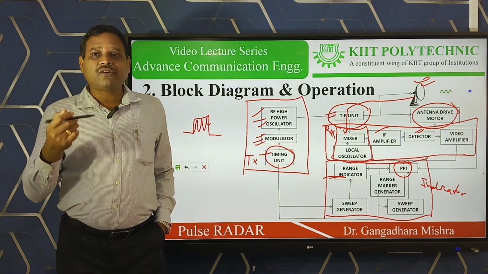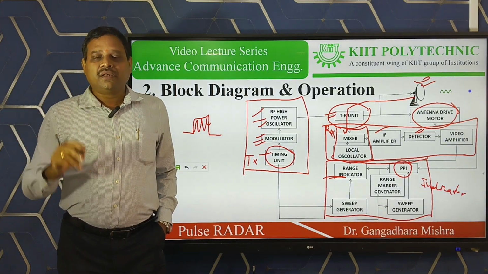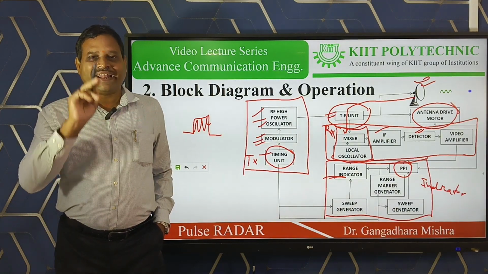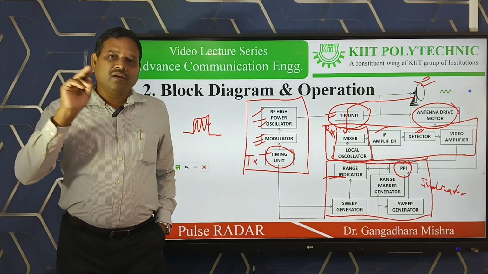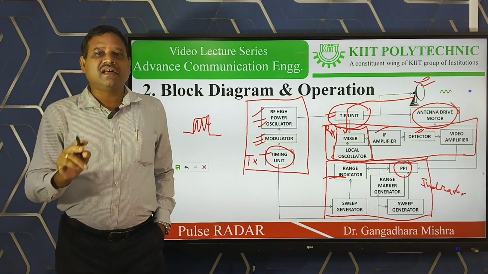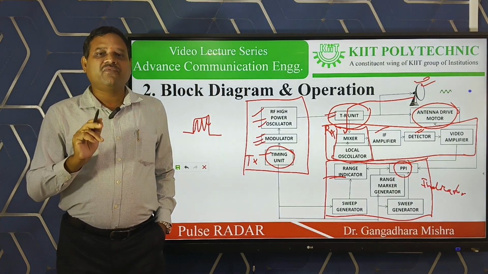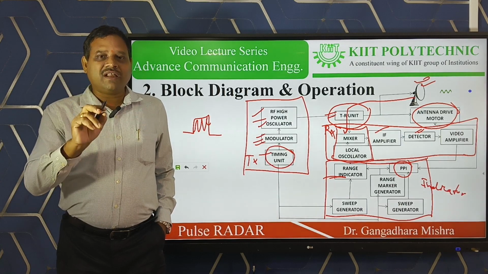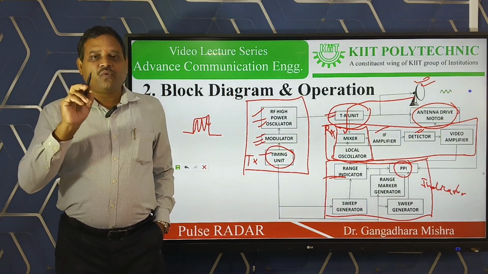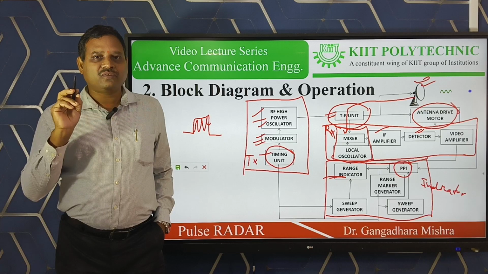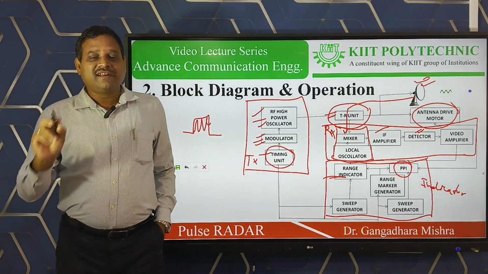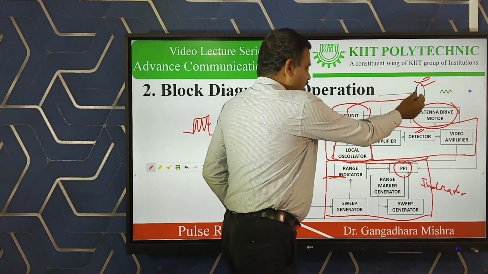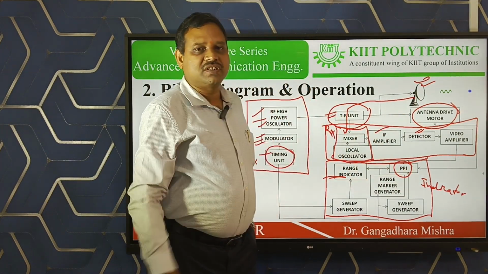So there is a requirement to synchronize both rotations, because if there is any deviation in the rotational speed of the antenna and the sweep, then there will be a mismatch in the bearing information. Bearing information is nothing but the angular position of the object with respect to the antenna. So we need to synchronize our antenna position and the PPI sweep position.